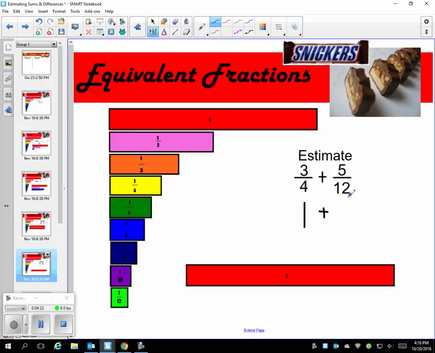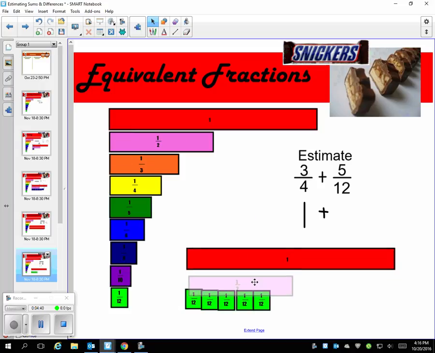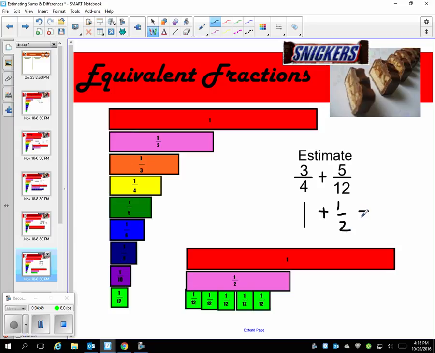Well, I know that half of 12 is 6. So 5/12 is going to be close to a half. Let's just look. 1, 2, 3, 4, 5. And if I'm looking, that's close to a half. So I'm going to estimate that 5/12 is close to a half. So 1 whole plus 1/2 is 1 1/2.